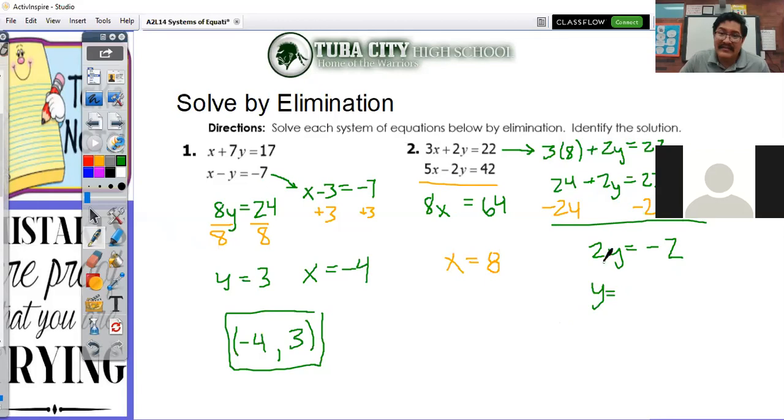Y equals, and I'm going to have to divide both sides by 2. And -2 divided by 2 is going to be -1. So it looks like I have both parts of my solution now. I got my x value, which is 8, and my y, which is -1. Let's go ahead and box that up, and that's it for that one.